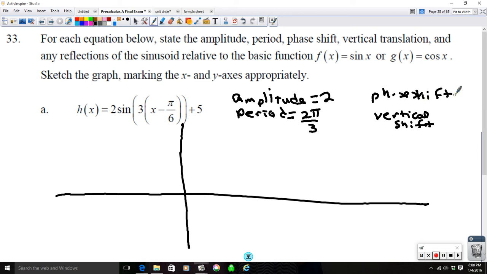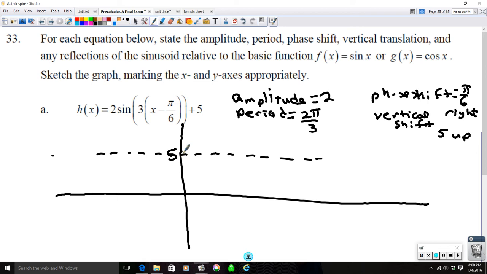So phase shift is pi over 6 to the right. Vertical shift, this plus 5 means that this is moving 5 units up. That was the d value. So 5 up starts with d. So up at 5 here, that is our vertical shift.